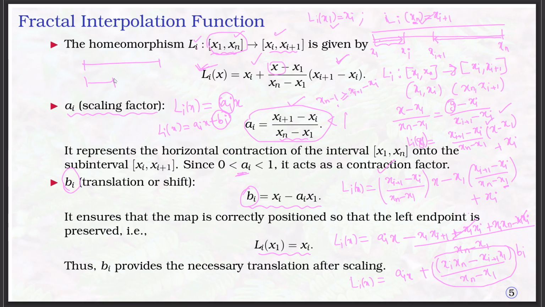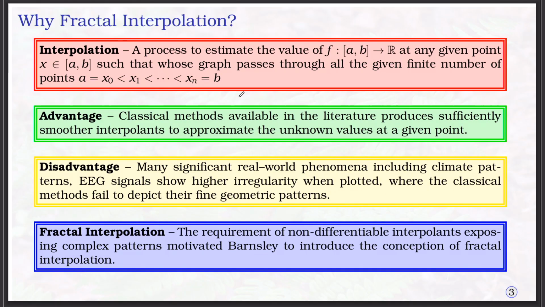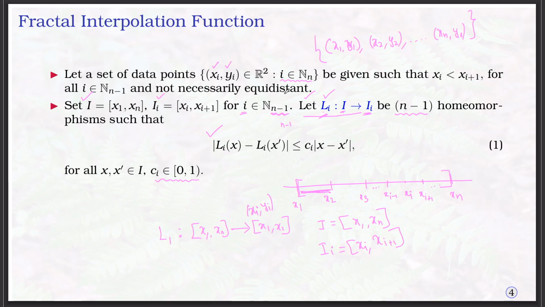When we are constructing the fractal, we need smaller parts, and they must represent the whole thing. So we are starting slowly to build in the x direction. Now, we completed the x direction for finding the interpolation function. In the x direction, we defined this Li from I to Ii as a contractive homeomorphism, such that it maps I to its subinterval Ii.